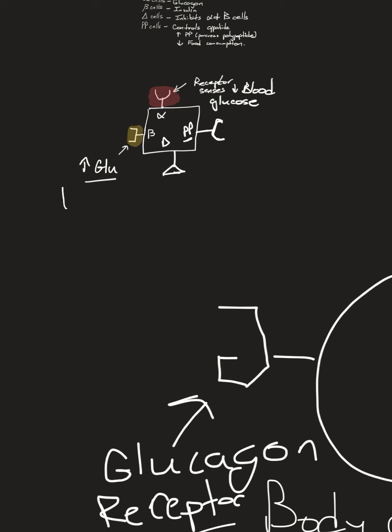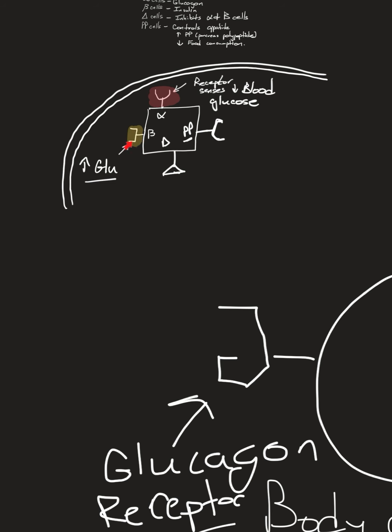So you have blood vessels. Obviously, blood vessels innervate the entire organ, but I'm just drawing this simple, again, trying to keep the schematic simple to get the idea across. So as the blood comes by, the pancreas measures the blood glucose via these two receptors, the beta receptor and the alpha receptor, the receptor on the beta cells, the receptor on the alpha cells.